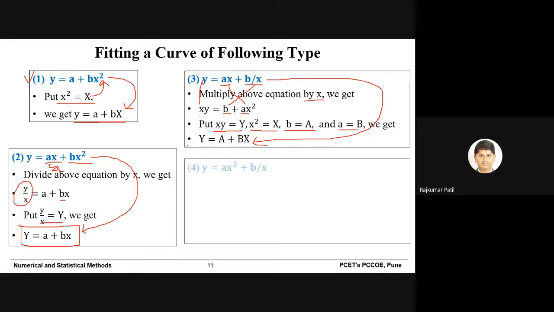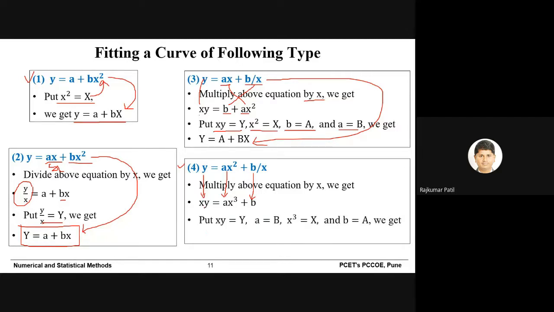Let's take another example. Equation y is equal to ax square plus b by x. So multiply the above equation by x. So y will become xy, ax square becomes ax cube, b by x becomes b.